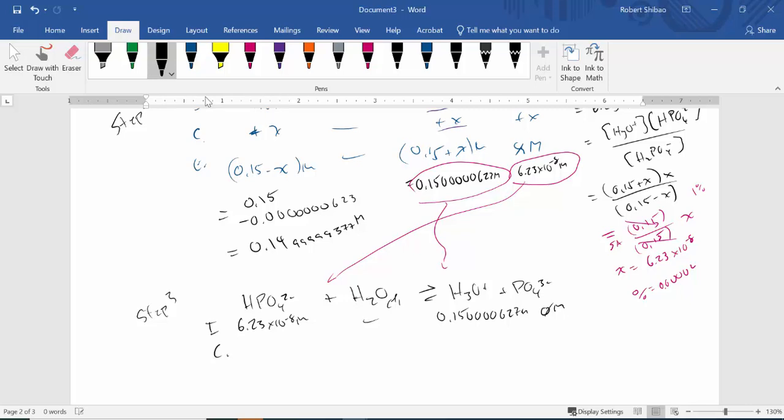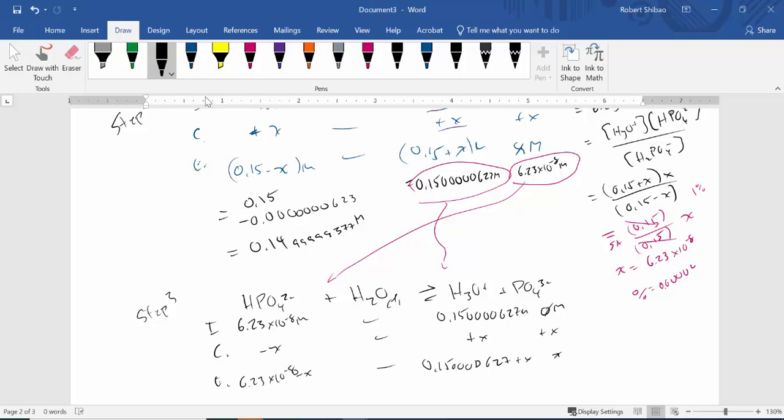And so the change is going to be minus X, plus X, plus X. And so at equilibrium, I'm going to have 6.23 times 10 to the minus 8 minus X, and then 0.15000627 plus X, and then X.